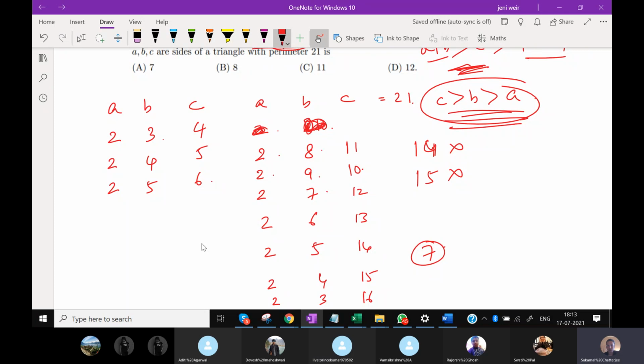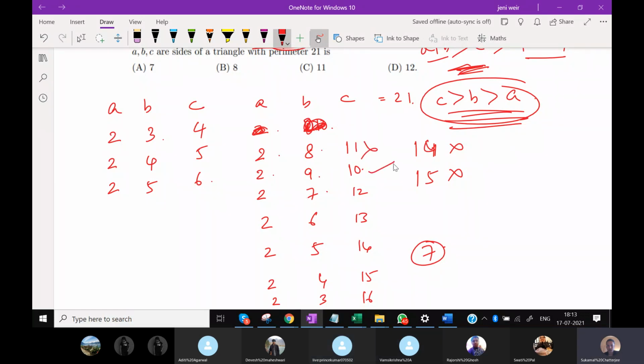Sir, if we are taking 7 as B, the sum is less than, not greater than C. So 2 plus 7 is 9, and we have taken C as 12. You're right, A plus B has to be greater than C. 10 plus, this is not valid. 9 plus 2, 11.